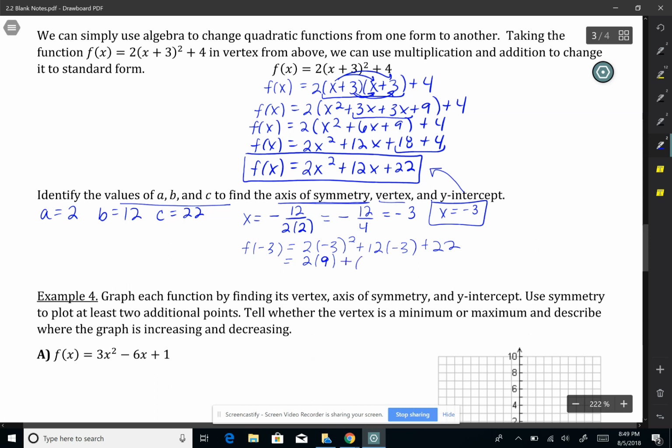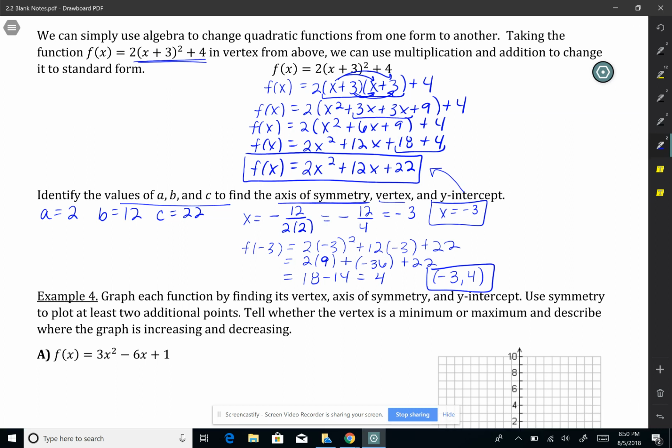If I multiply 12 times negative 3, I get a negative 36, and I still have plus 22 at the end. This is 18, 2 times 9. Negative 36 plus 22 is a negative 14, and 18 minus 14 is 4. So that means that my vertex is negative 3, positive 4, which makes sense, right? If we look back at our vertex form, wouldn't that be my h and my k value?